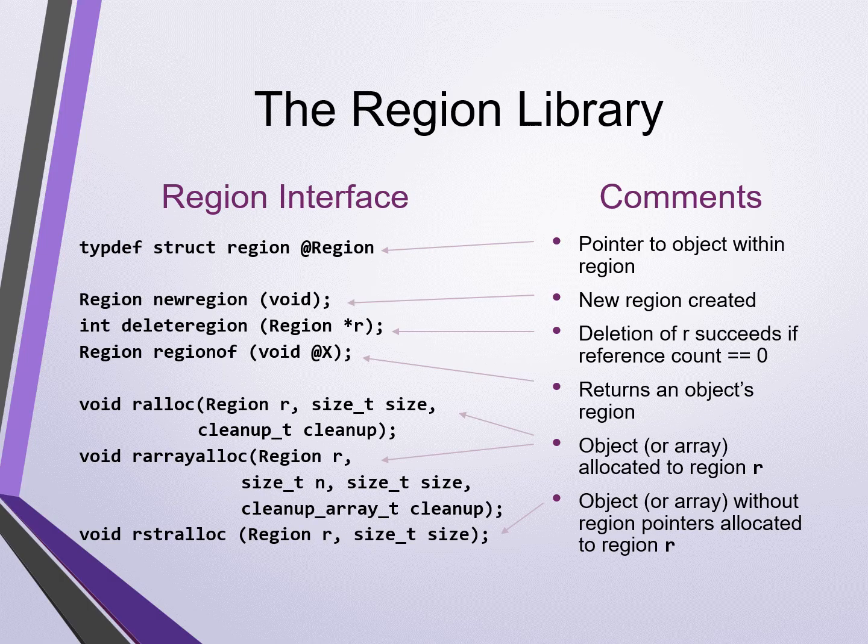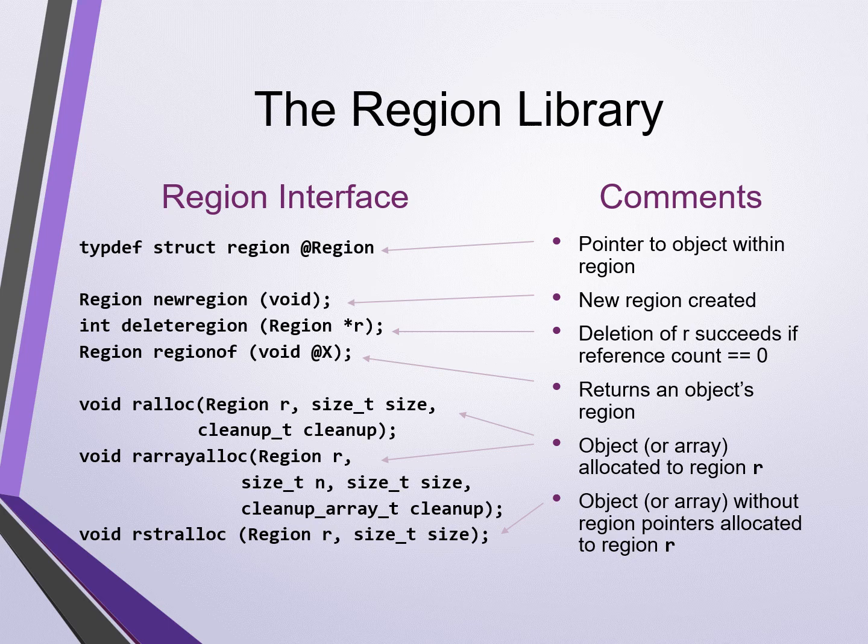This is the region-based memory management system interface. A new region gets created by calling new region. Objects are allocated with r_alloc, arrays with r_array_alloc. Objects or arrays without region pointers are allocated with r_string_alloc.